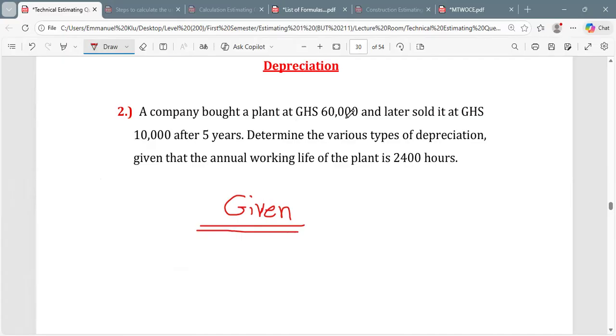Okay. So the initial price, or let me say the initial cost, was what? So this is the initial cost.